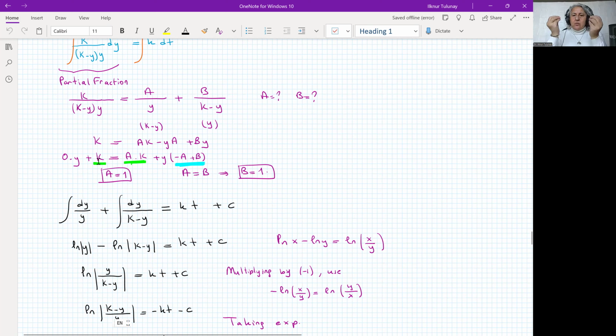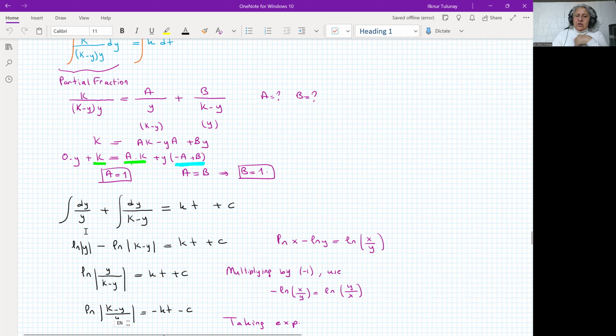Two polynomials are equal if and only if their coefficients are equal. That's the idea. From here we have a equal to 1. Since a plus b is equal to 0 for the y coefficient, we have b equal to 1. So this will be 1 over y and 1 over K minus y.